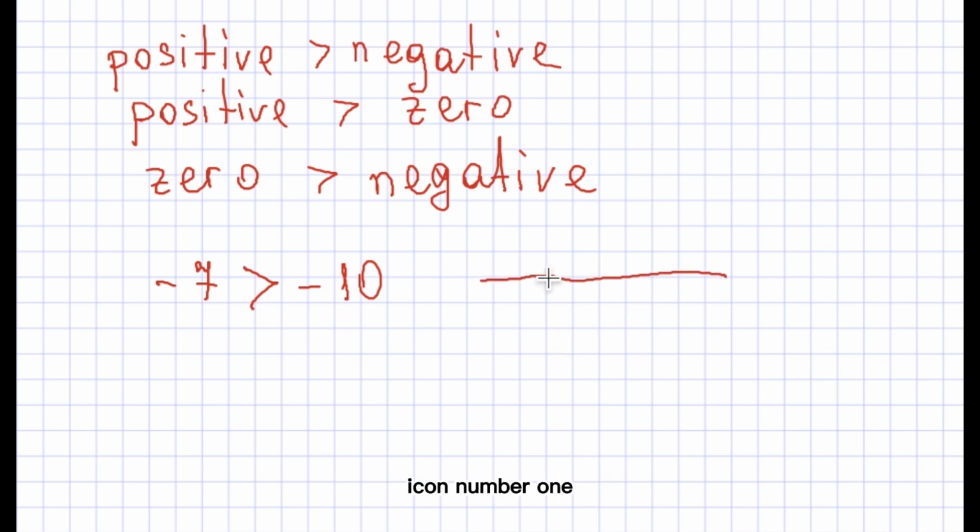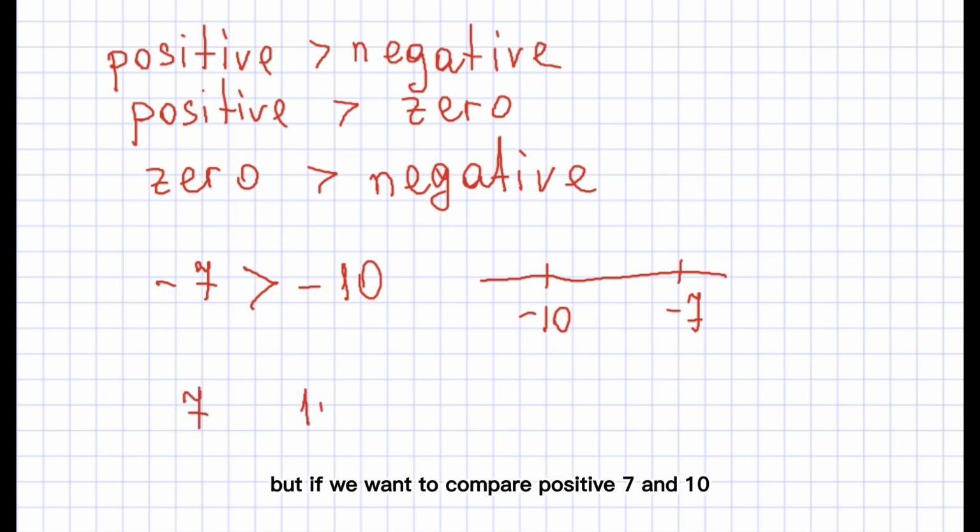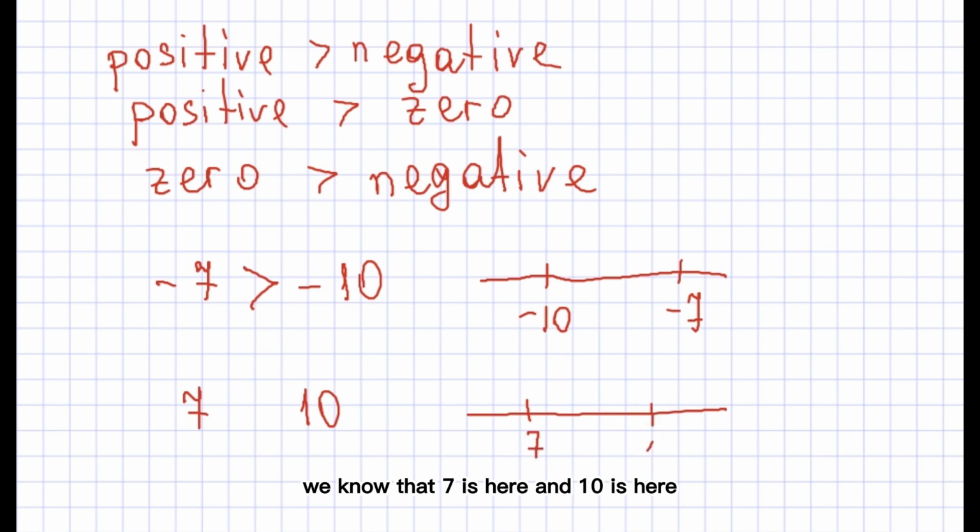Like on the number line, -10 is here, but -7 is right from it. So -7 is more than -10. But if we want to compare positive 7 and 10, we know that 7 is here and 10 is here. So 10 is in the right from 7. It is nearer to positive infinity. So 10 is bigger than 7.